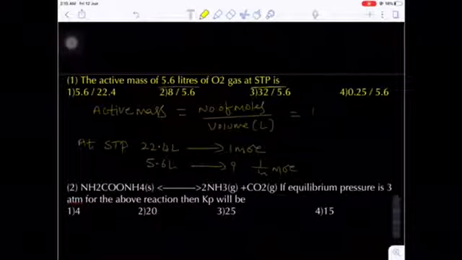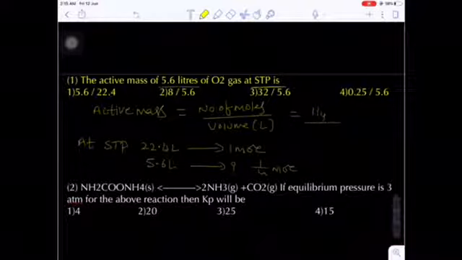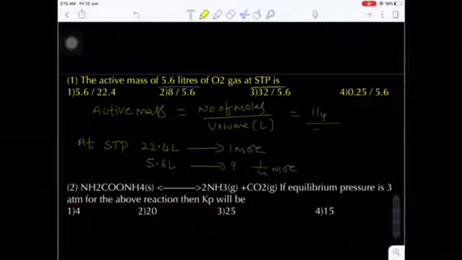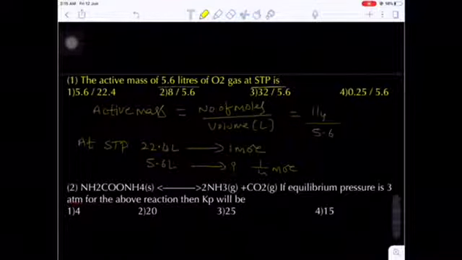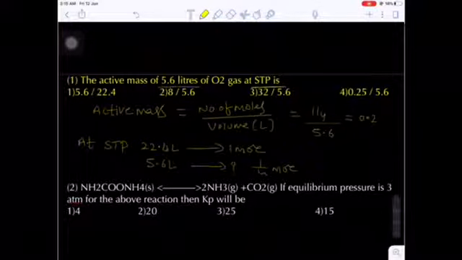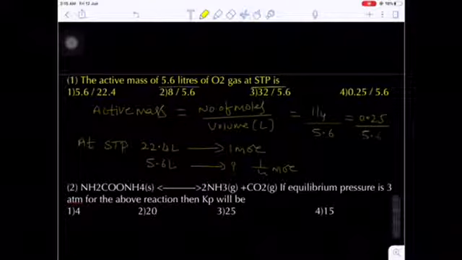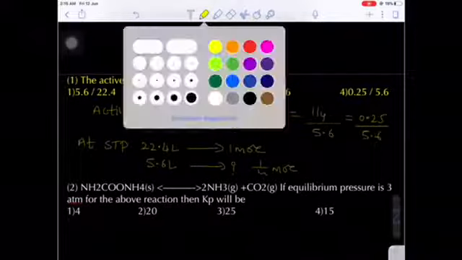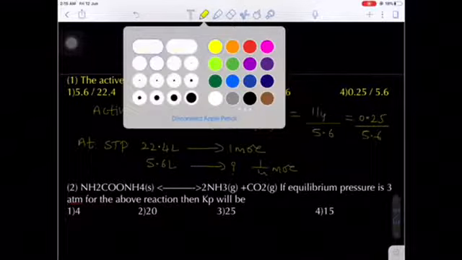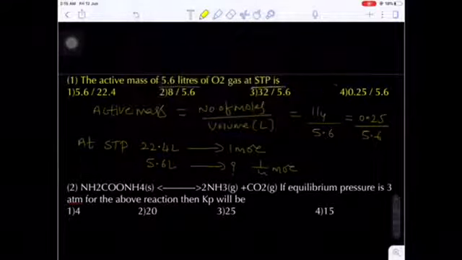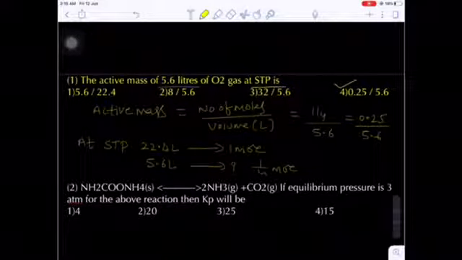Now 5.6 liters of a gas is how many moles? 1/4 moles. So the number of moles is 1/4, divided by the volume, 5.6. 1/4 is nothing but 0.25, divided by 5.6. So this will be option number 4.